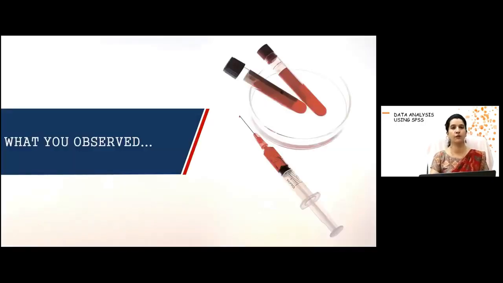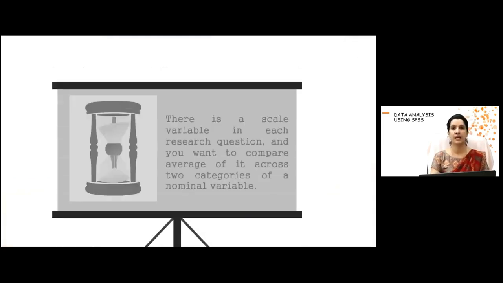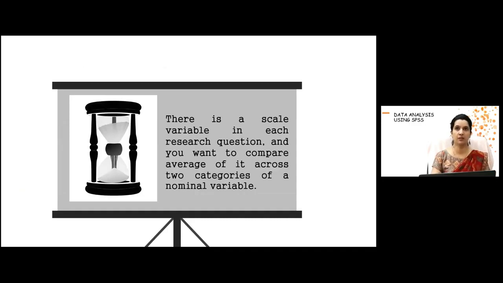So what have you observed in all these three research questions? That there is a scale variable: either the pain score on VAS, the sleep quality, maybe in number of hours, or the BMI of the people with history and without history of cardiovascular disease. All these variables are on a scale, and I want to compare it across two categories.